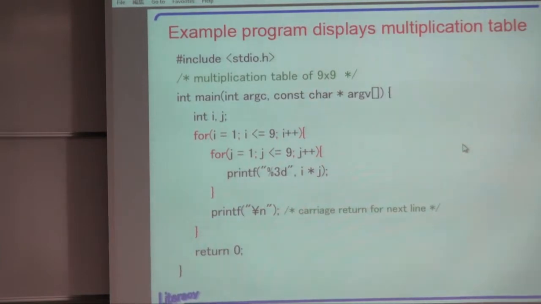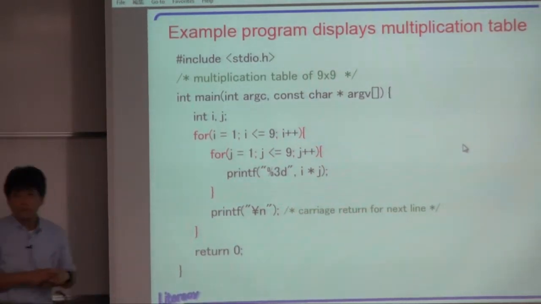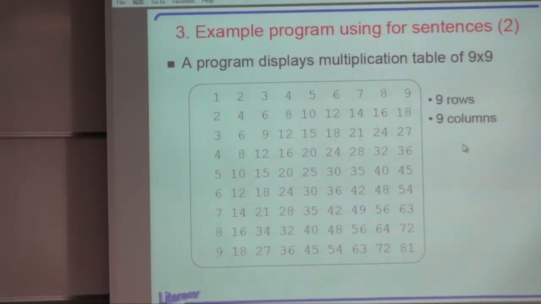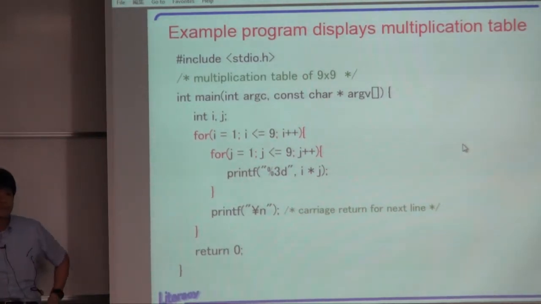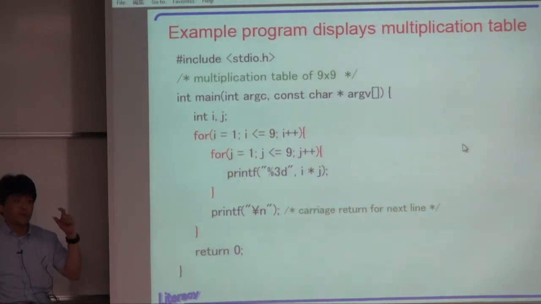So the actual program is shown here. Maybe you can imagine a table. Usually if you make a table in your programs, you have to use for sentences as a nesting, 2 for sentences as nesting.